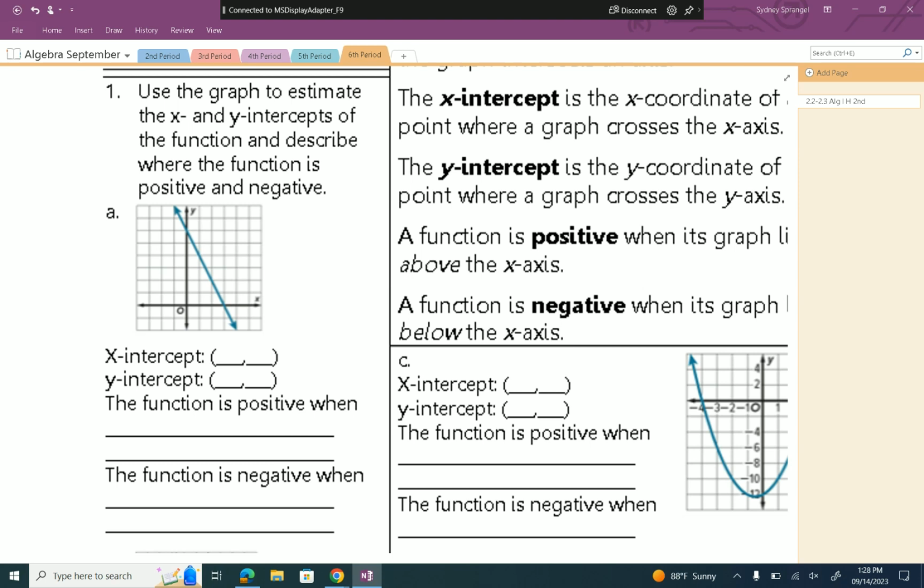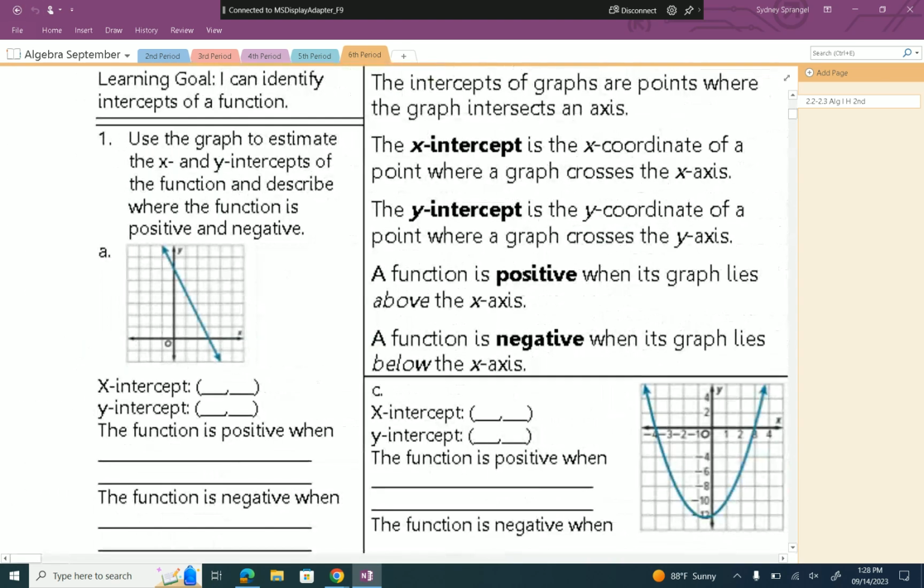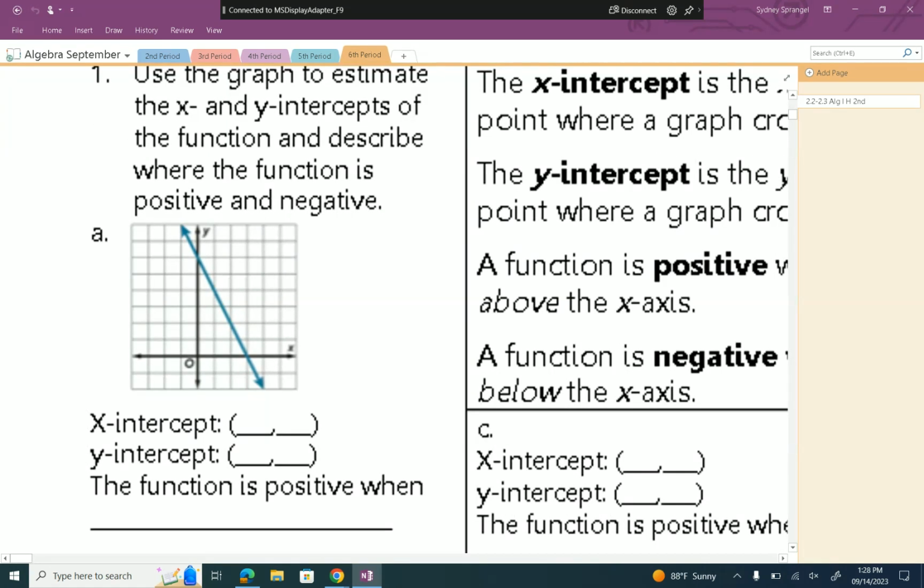Is that the x-axis or the y-axis? One's x and one is y. The x-axis. So if my graph lies above the x-axis, like in this region, it is positive. If it's below, that's when it is negative. Perfect. Thank you, guys. So for this number 1, we want to use the graph we're given to estimate the x and y intercepts.